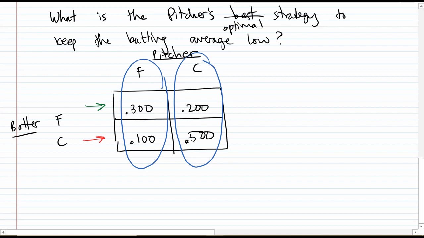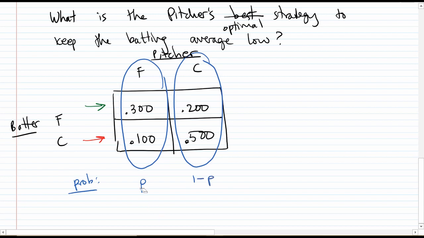So let's say the pitcher throws a fastball 50% of the time and a curveball 50% of the time. We'll notice that the probabilities for the first column will be half, and the second column will be half. Here I'm writing the probabilities below the matrix because it's a probability for each column. It's not a probability for each row like it was for player 1. And now we can walk through all those steps that we did before, but remember, eventually we just kept these probabilities as variables, p and 1 minus p.